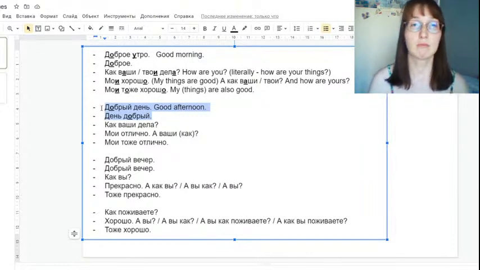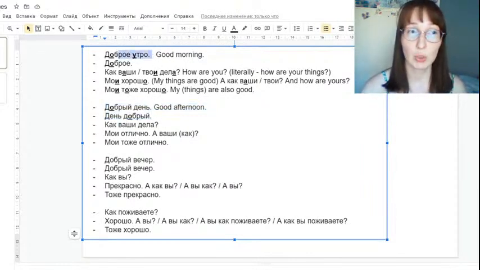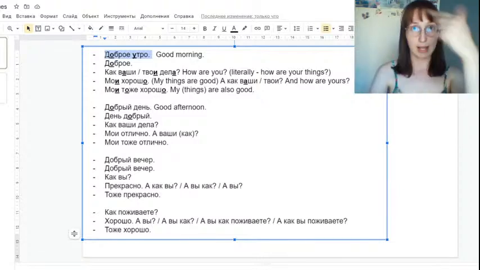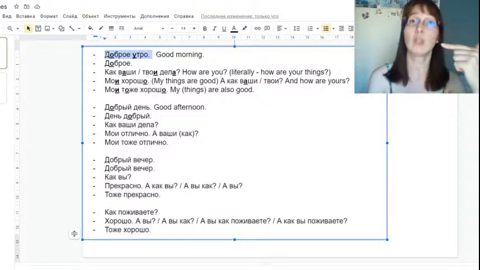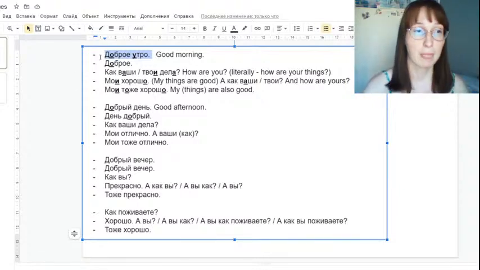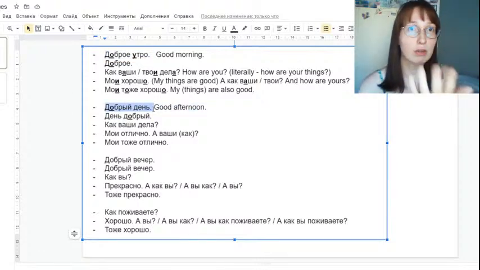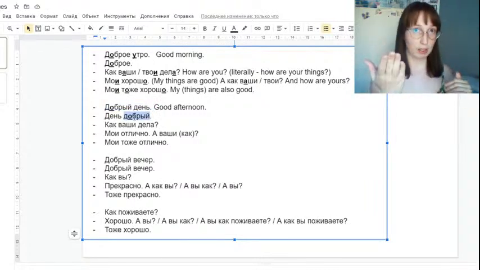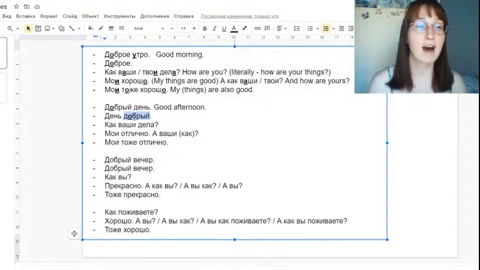Добрый день, день добрый. So here you could do the same. Доброе утро and replace it: утро доброе. Добрый день. You can also reply with one word. Добрый. Okay, that's fine.